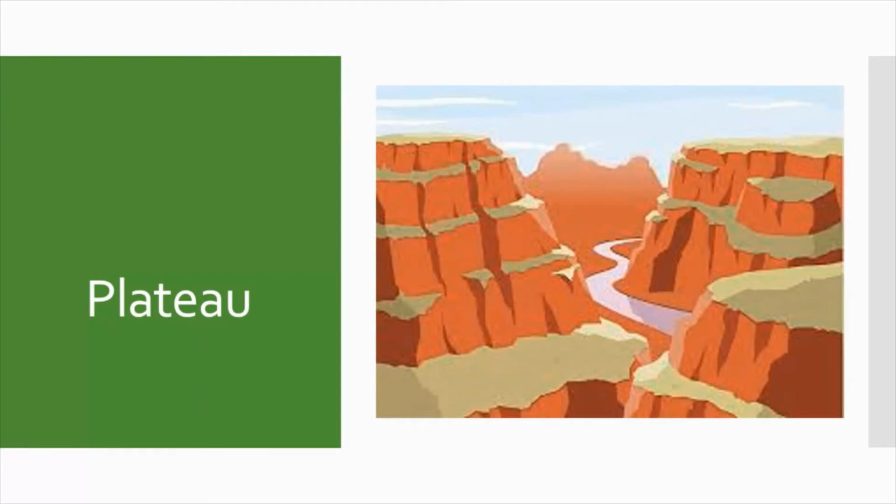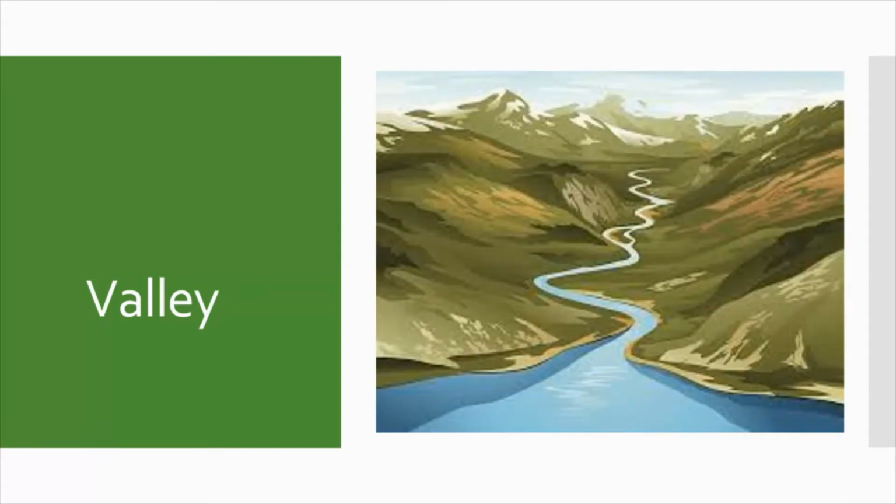So in between these hills or mountains or plateaus can exist these things called valleys. And valleys are the low point between mountains or hills or plateaus. And sometimes valleys can have rivers running through them, which leads us to our next landform, which is a river.